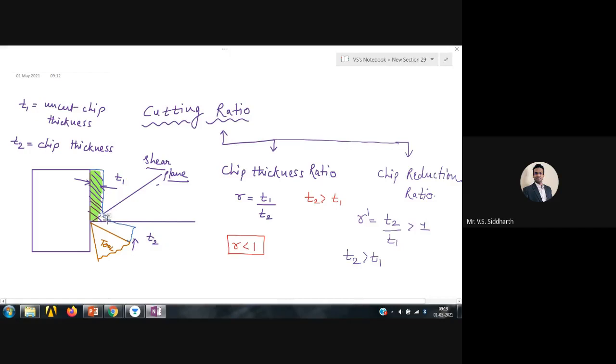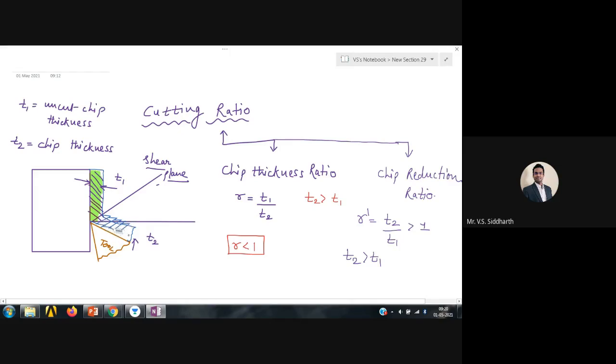So you will get a geometry something like this. Right?